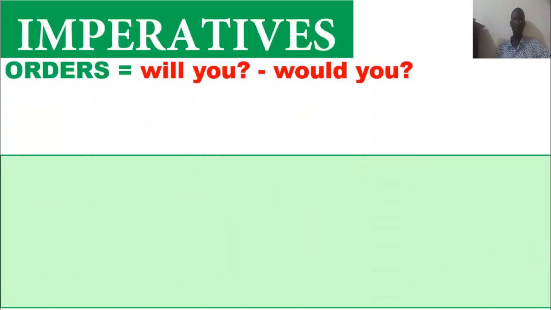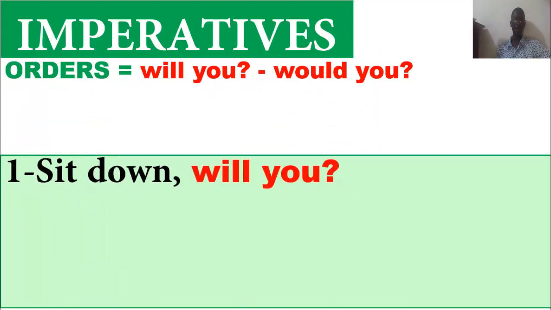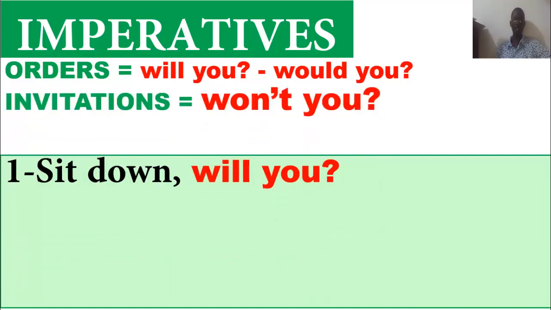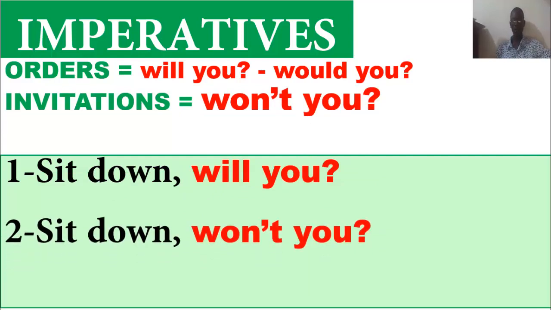The imperative, meaning orders. Sit down. Will you? So when you have an order, it is will you or would you. Would you is more correct, more polite. Invitations, you say won't you. Sit down, won't you. Mais quelle est la différence entre sit down, ordre, et sit down, invitation?